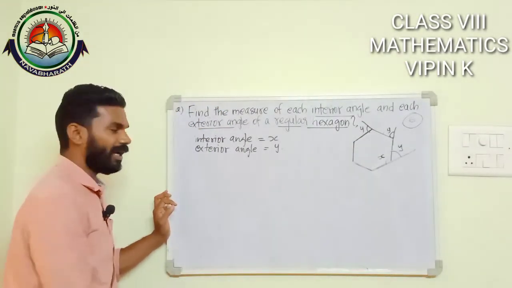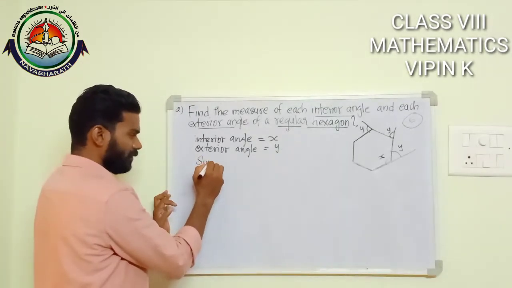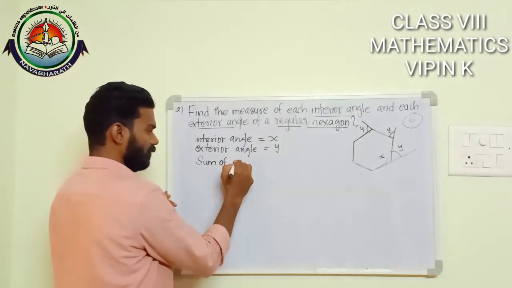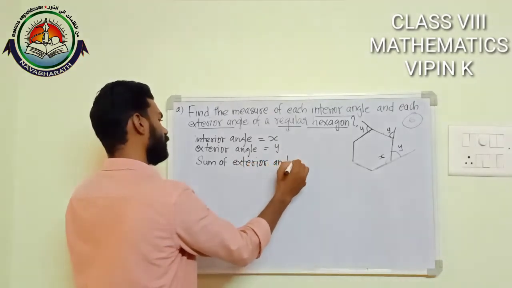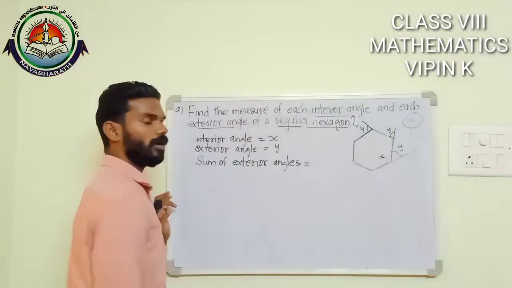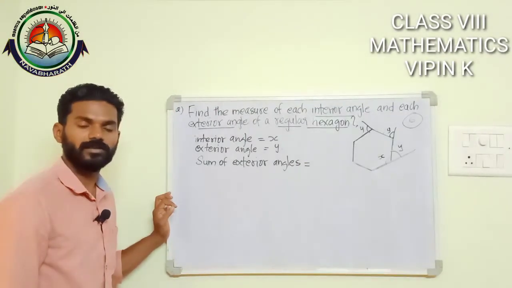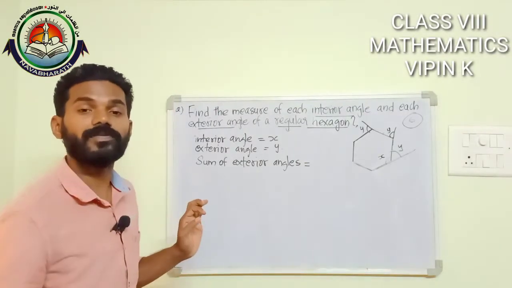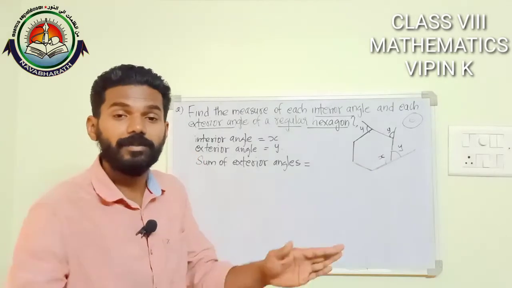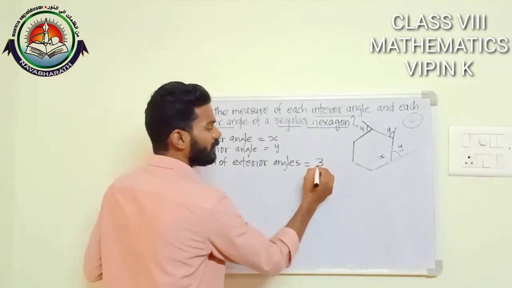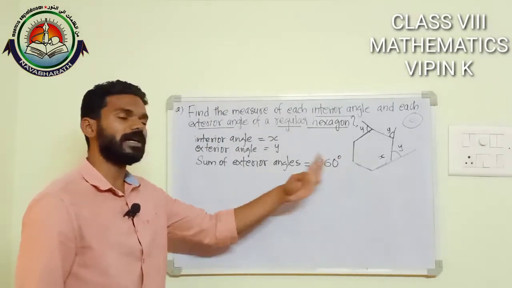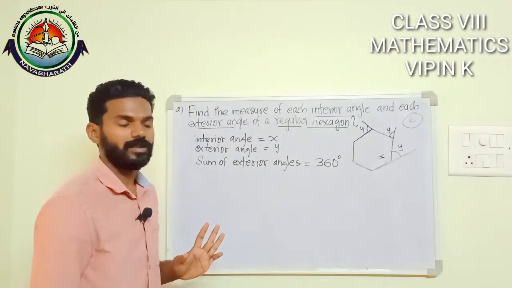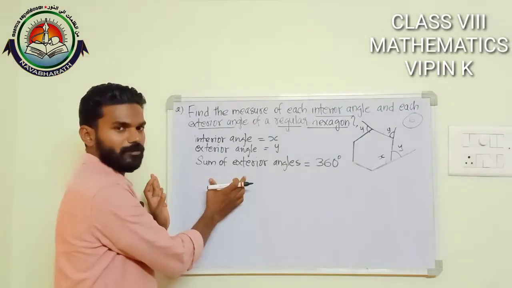Clear? And we have the idea that the sum of exterior angles... What is the value of the sum of exterior angles? You know that the sum of exterior angles of any polygon is 360 degrees. So the sum of exterior angles equals 360 degrees. Now you want to find the sum here.